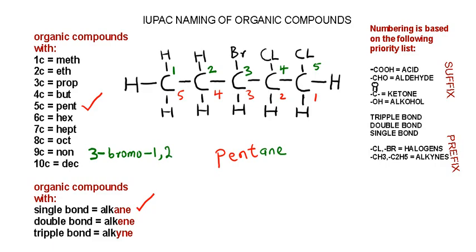Then we put a hyphen. Because we have 2 chlorine in this organic compound, we are going to call it di. 2 chlorine, we are going to call it what? Dichloro.